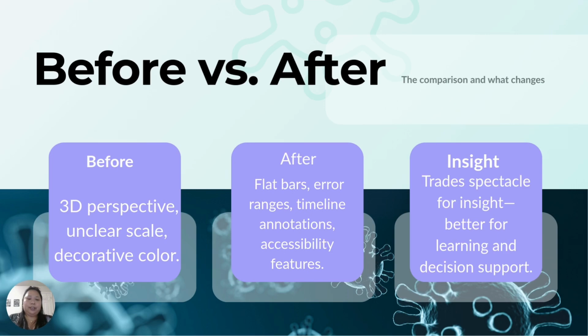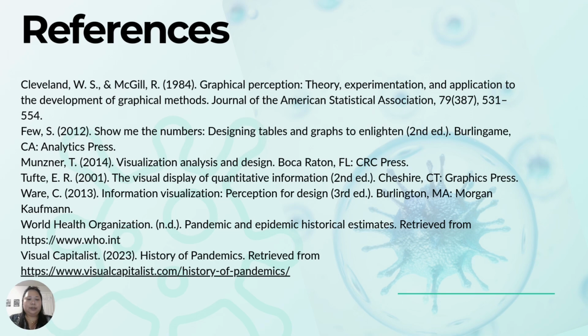The redesign is better for learning and decision support, although the new design is really simple, it has all the components we need. I based my analysis on visualization research by Cleveland and McGill, Few, Munzner, Tufte, Ware, and World Health Organization sources. These works emphasize perception, ethics, and storytelling in design.